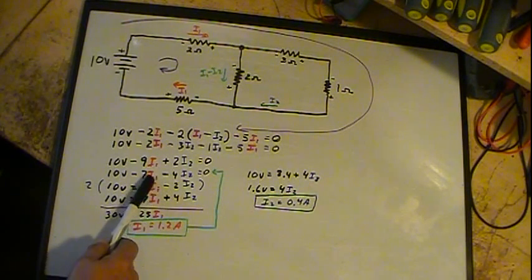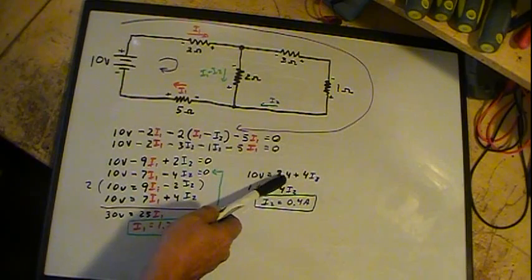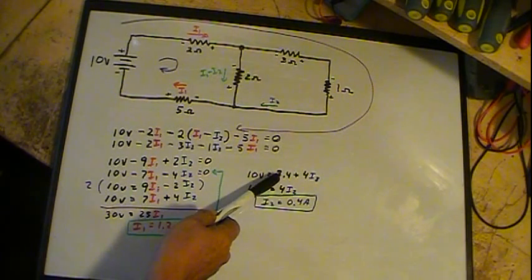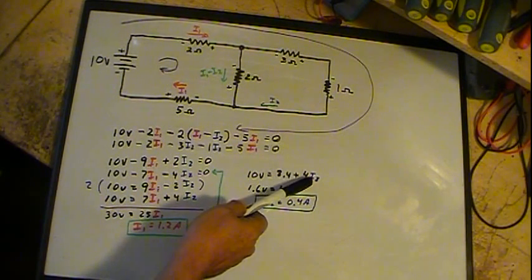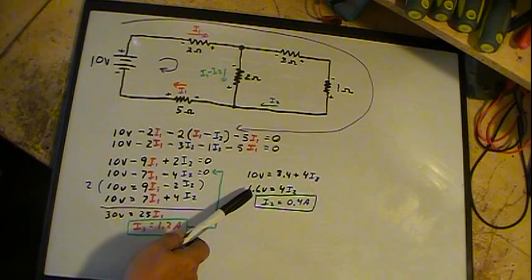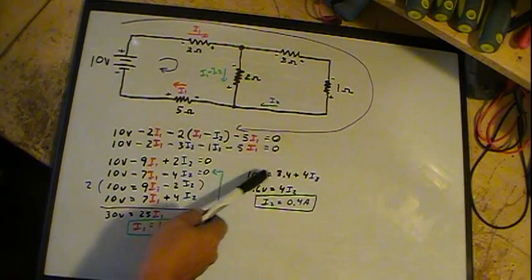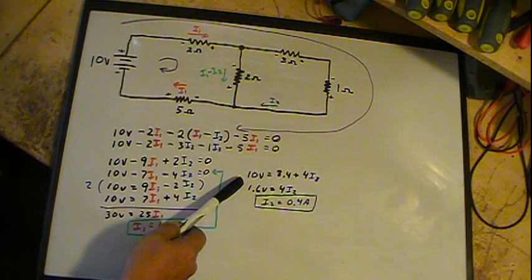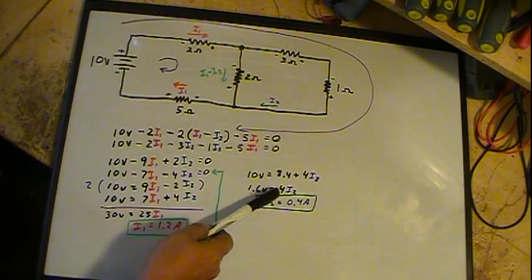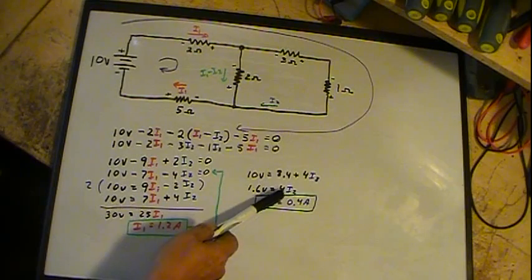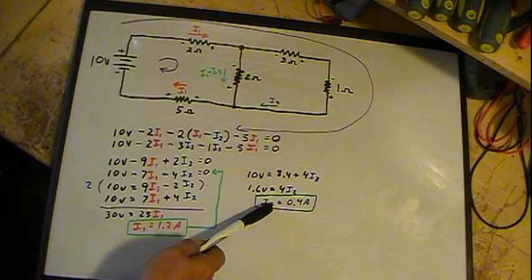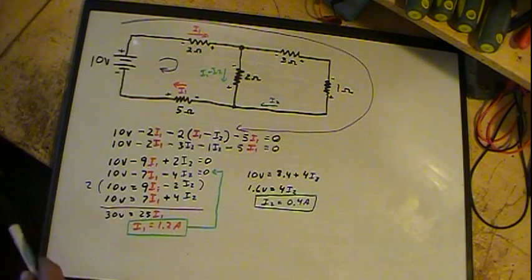I1 is 1.2, so 1.2 times 7 is 8.4. I have 10 volts equals 8.4 volts plus 4 I2. Move this on this side, subtract both sides by 8.4. I get 1.6 volts equals 4 I2. Do the division, I get I2 equals 0.4 amps.